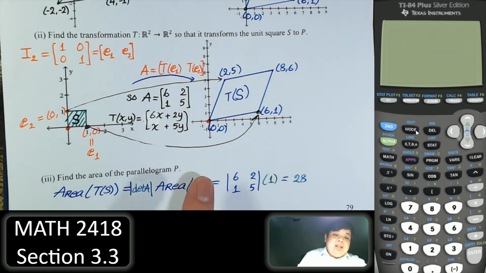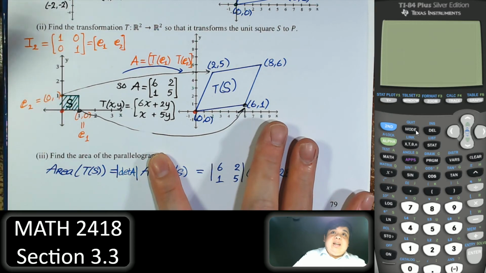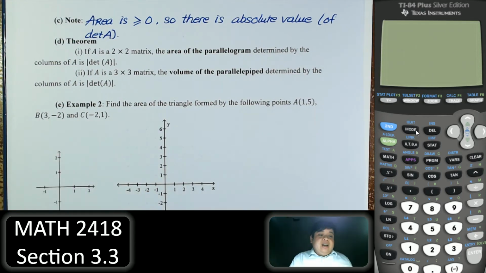So in that case, we don't even need the area of S. We just have the determinant of A. So once again, if A is a 2 by 2 matrix, the area of the parallelogram determined by the columns of A is the determinant of A.